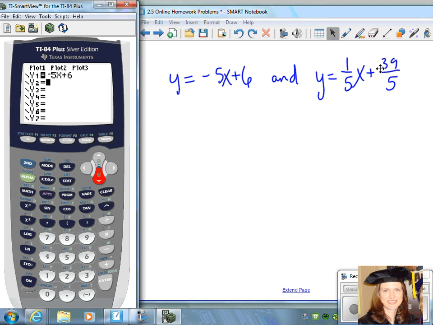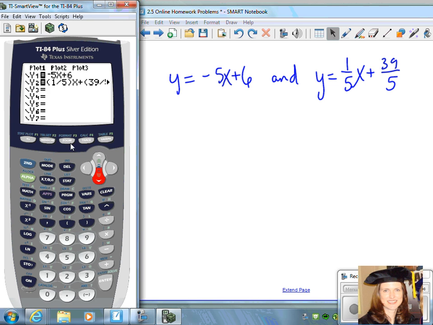I'm going to graph this as fractions, so I'm going to use parentheses: parentheses 1 divided by 5, close the parentheses, and then the x button, plus, parentheses 39 divided by 5, close the parentheses. Now I have both equations written on the screen.